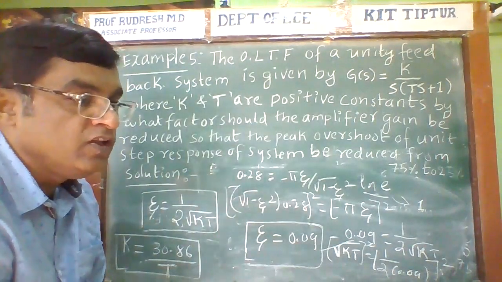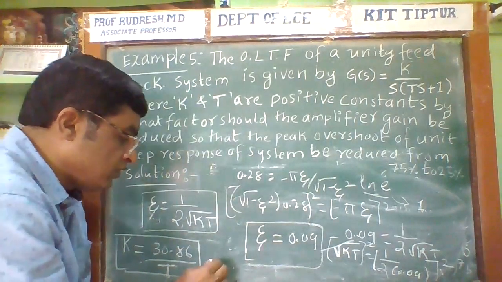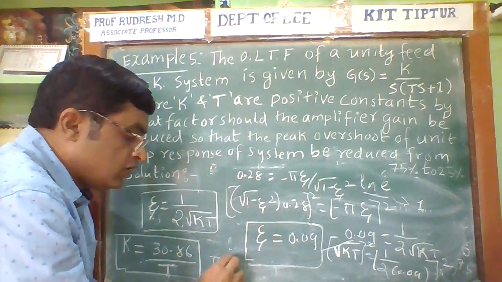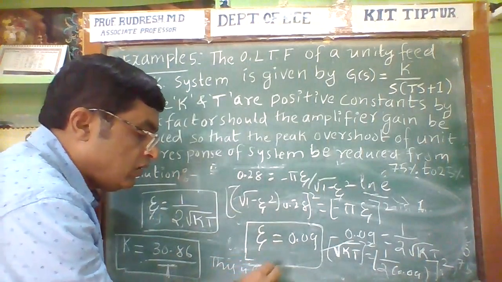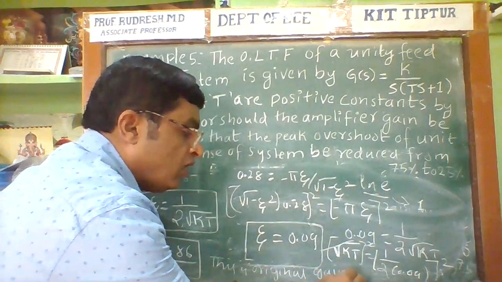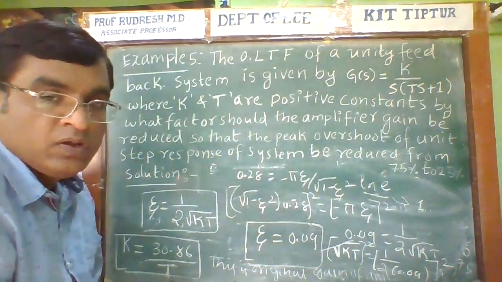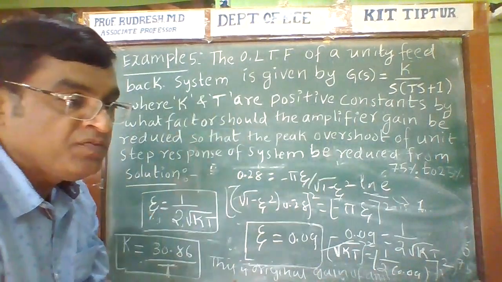Suppose I want to increase this value of gain. This is the original gain of the amplifier. Now this is the original gain of the amplifier.